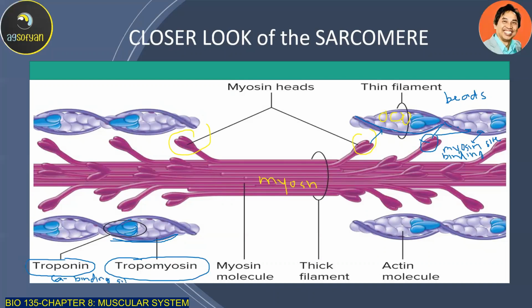It means that whenever calcium binds to the troponin, it will make the tropomyosin open the binding site. And then the myosin head will be able to bind the actin and pull the actin into the middle. So it means that for contraction, we need calcium. Without calcium, there will be no contraction.